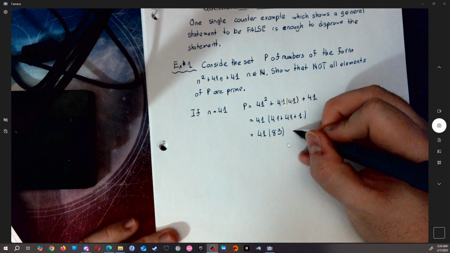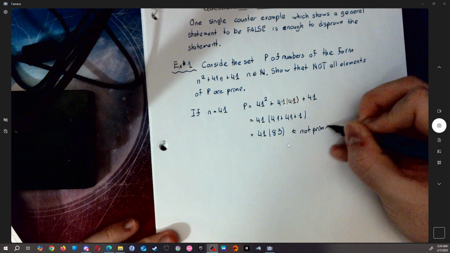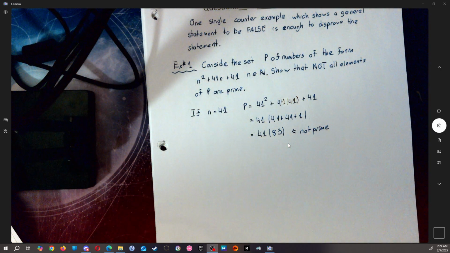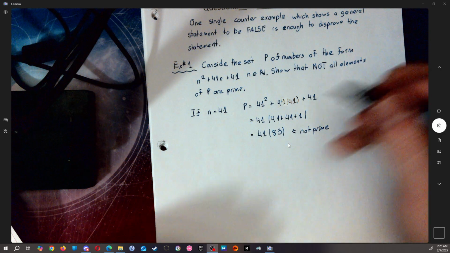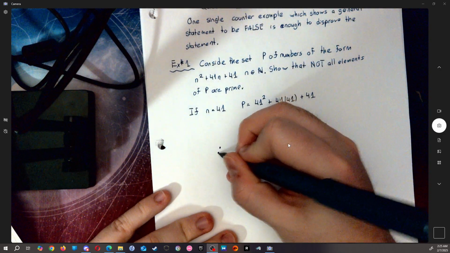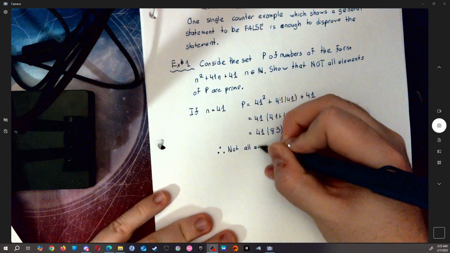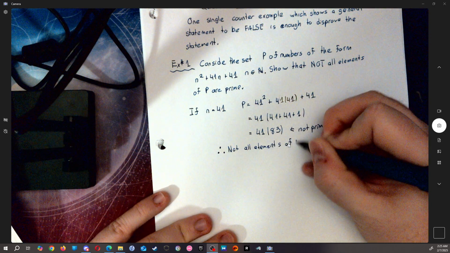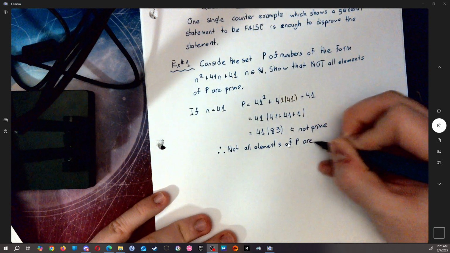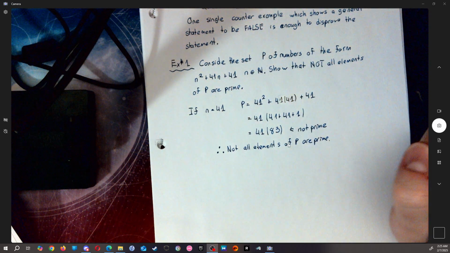So this demonstrates that it's not prime. And because we've demonstrated one scenario to be not true or basically false, then therefore not all elements of P are prime. And that's it. We are done.